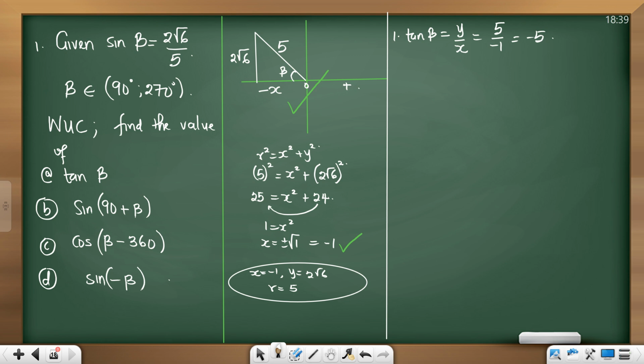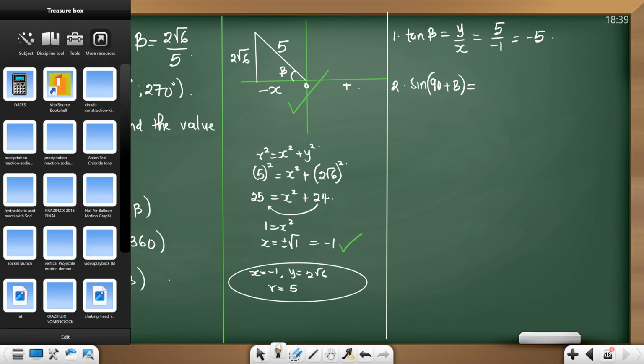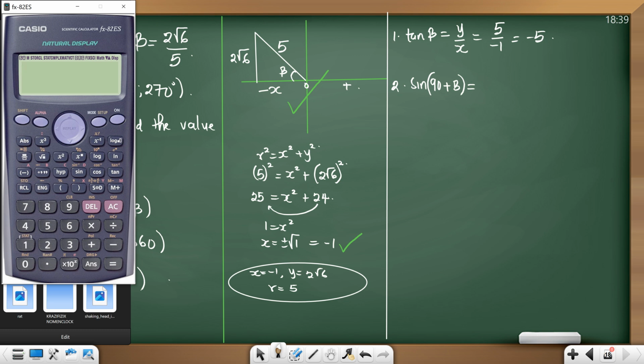Easy. Number 2, what is sine of 90 plus B? This was why I first did reduction. Do you remember what we did last week? 90 tells me I should change my trig ratio, from sine to cos. The question is, is it positive or negative?